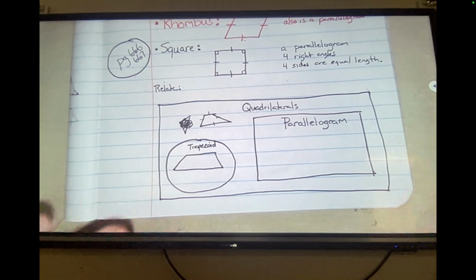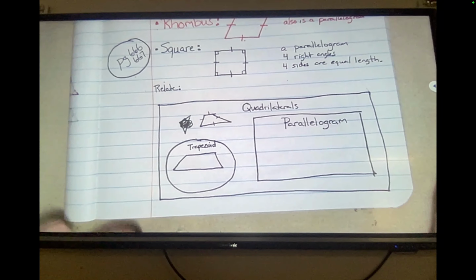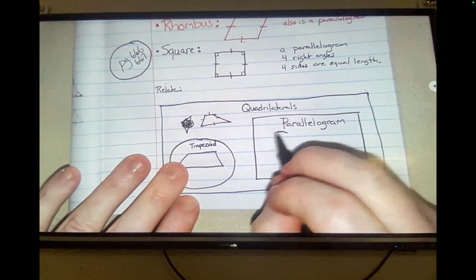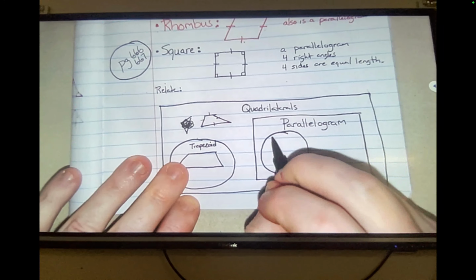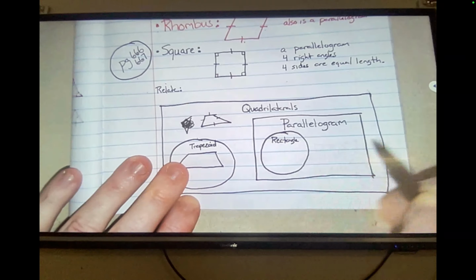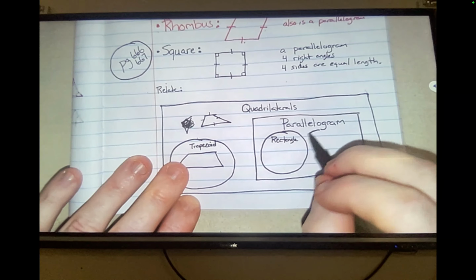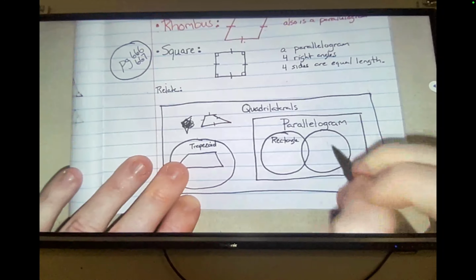And so when we broke up the parallelogram, we kind of said 2 different things. We talked about the rectangle, and we talked about the rhombus.